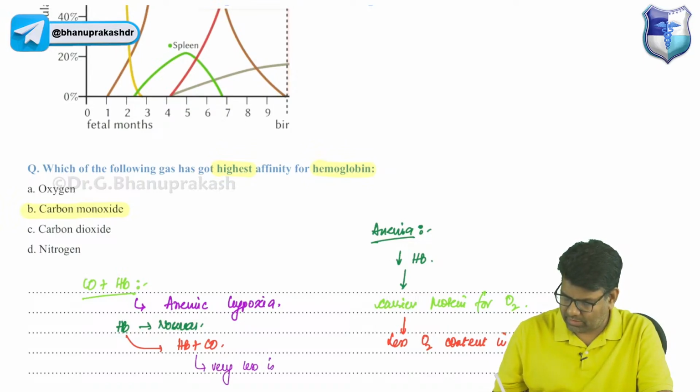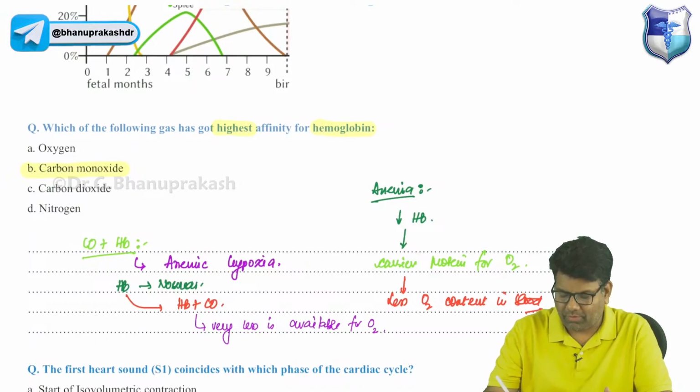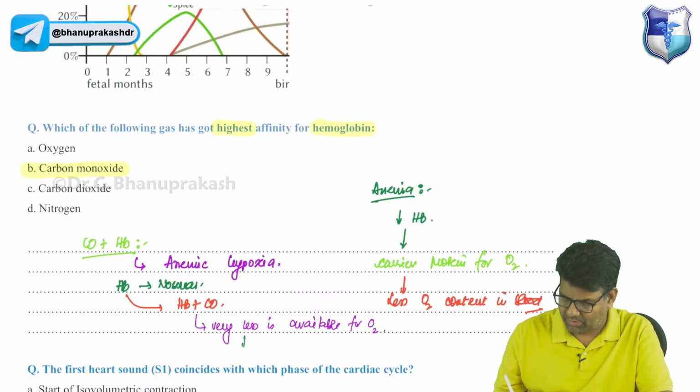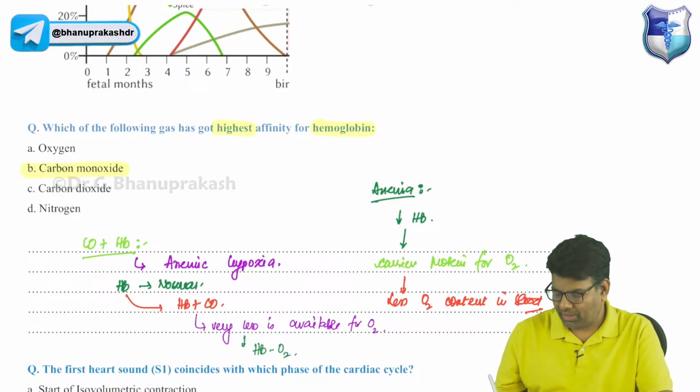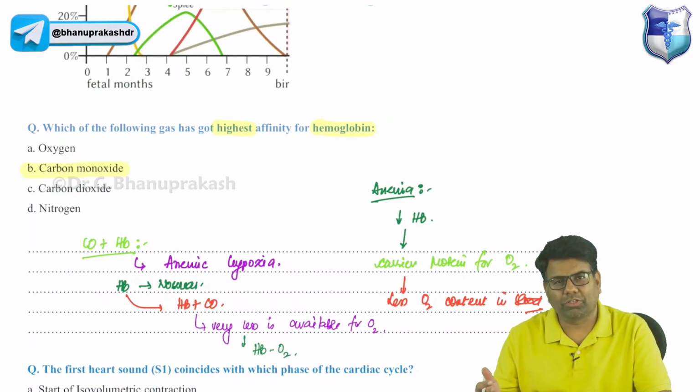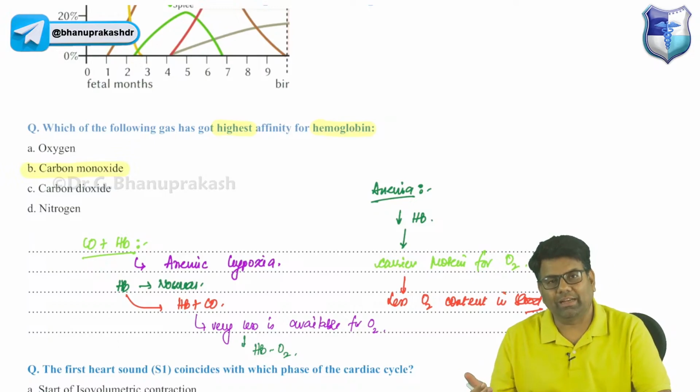And whatever the content of oxygen in blood is, that is actually what we measure as hemoglobin O2. So it means less hemoglobin for oxygen, less oxygen content in the blood in relation to the bound form with hemoglobin.